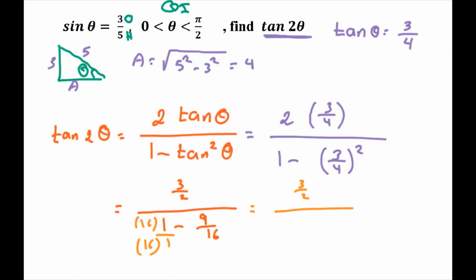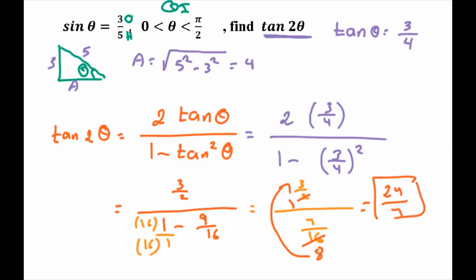That's going to be 16 minus 9 over 16, so it will be 7 over 16. Now, 2 divided by 2 is 1. 16 divided by 2 is 8. And I can take the 8 up now. So 3 times 8 is 24 over 7. That's my final answer.